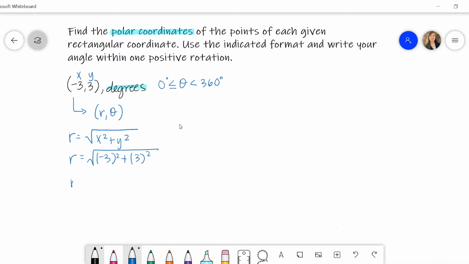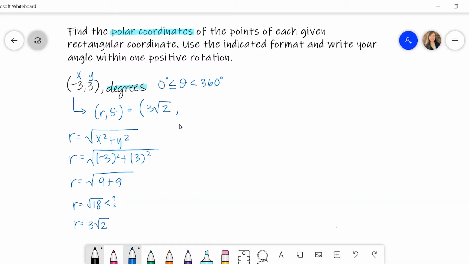R is equal to the square root of 9 plus 9, which is the square root of 18. If I factored 18, I would get 9 times 2, which means this is 3 square root 2. And yes, you do need to simplify that radical if at all possible. So 3 root 2.